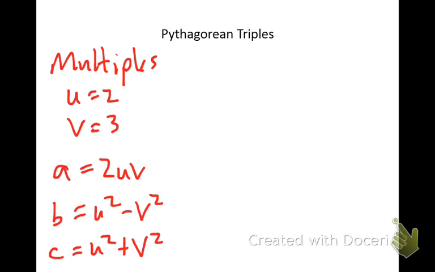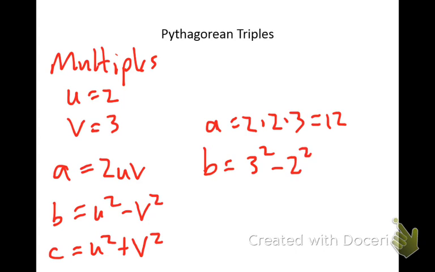So then I plug in my values. A would equal 2 times 3 times 2, which is equal to 12. B is equal to 3 squared minus 2 squared, which is equal to 5.